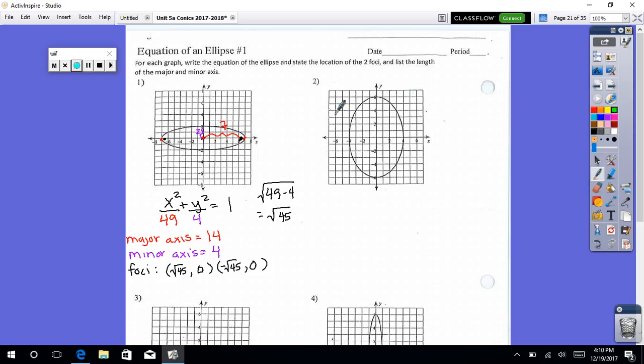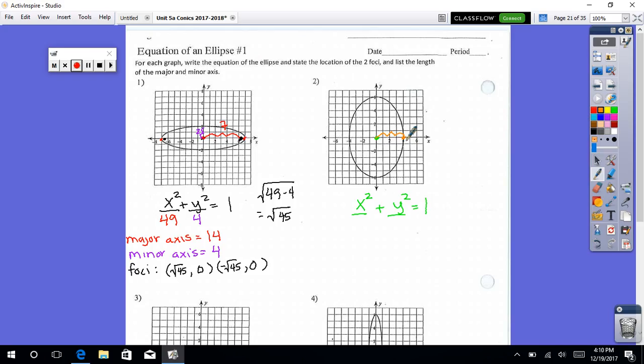Okay, let's keep going. We have a vertical. So it doesn't change. X squared plus y squared equals 1. We are still at 0, 0, which is why it's just x squared plus y squared. It's actually x plus 0 squared and y plus 0 squared, but we don't need that. Let's see what these individual radii are.